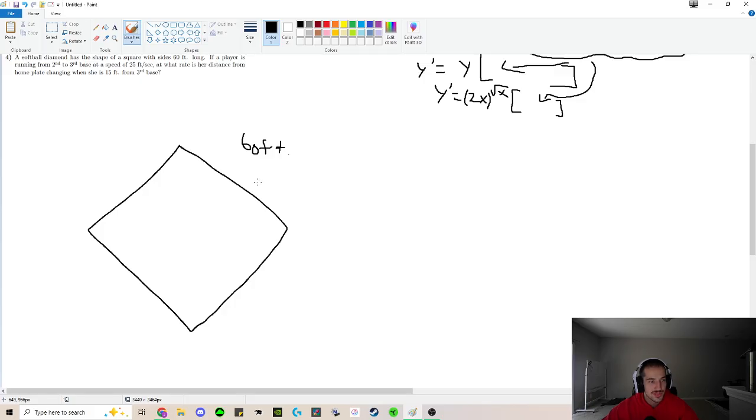If a player is running from second to third base at a speed of 25 feet per second, at what rate is her distance from home plate changing when she is 15 feet from third base? Okay. So this is 15 feet.